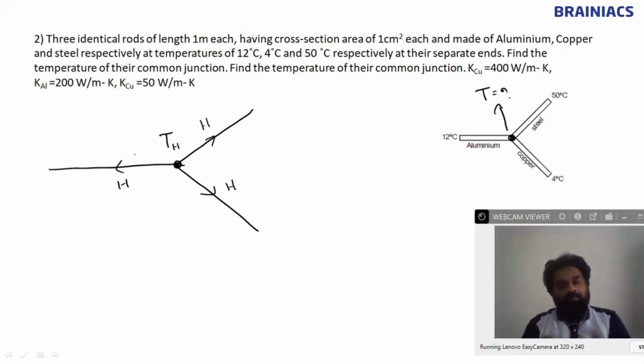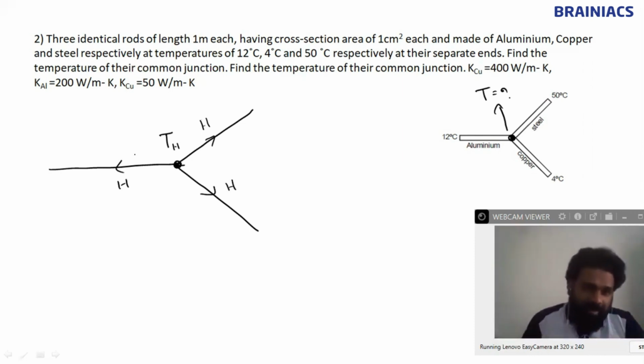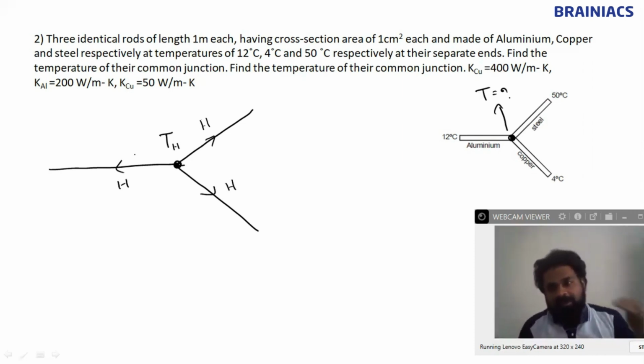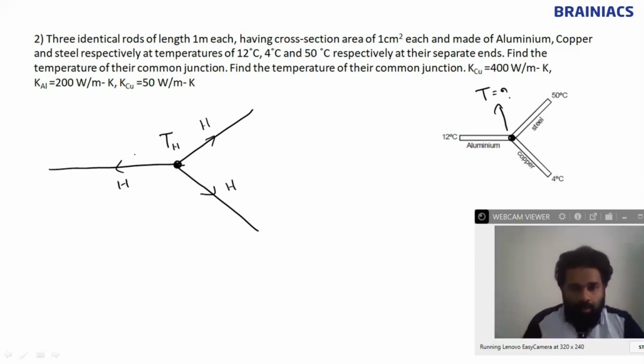Practically what is going to happen is that from one side it is going to enter, and to the other side it is going to separate and go. But for solving this question, I assume that everything is leaving. While getting the answer, we will get a negative sign for some of them.